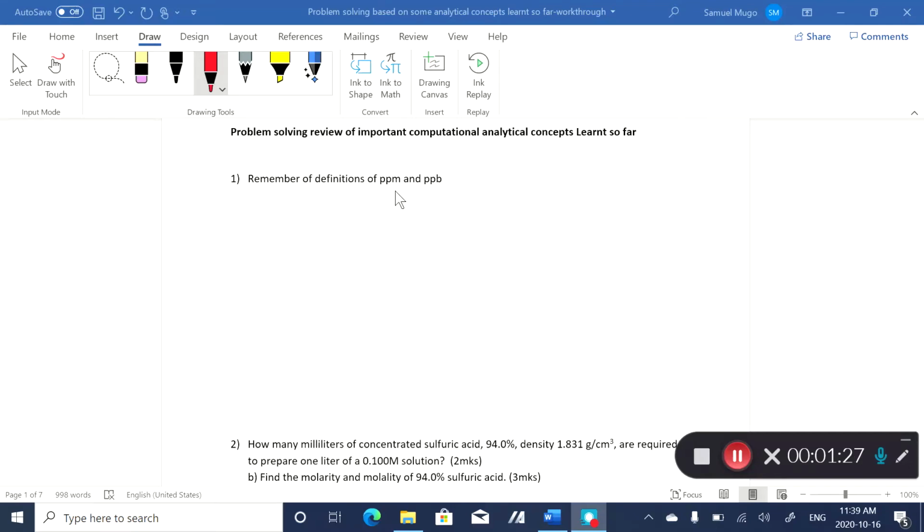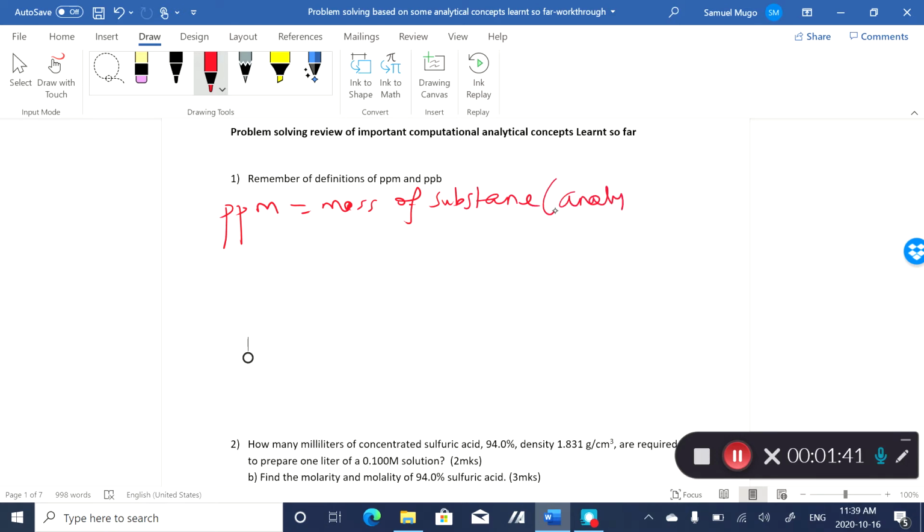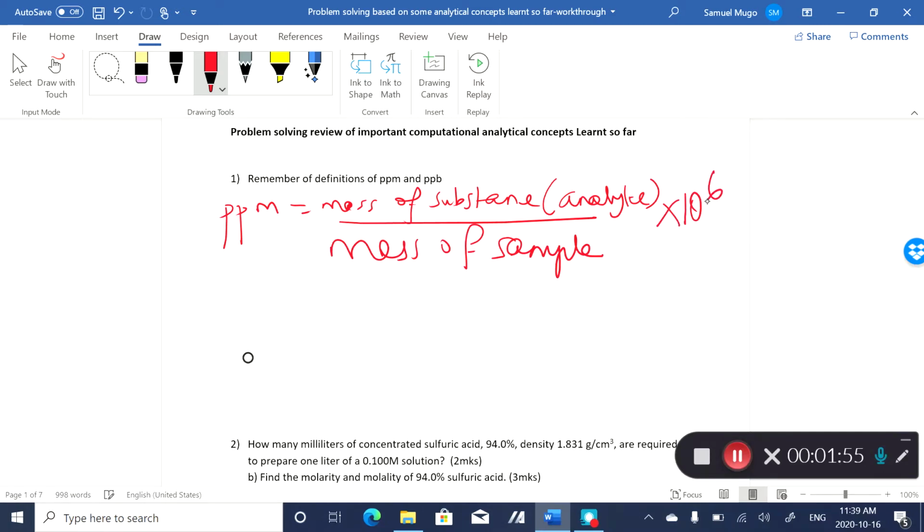And so remember, we defined ppm as the mass of the substance, or the analyte, divided by the mass of the sample, multiplied by 1,000,000.